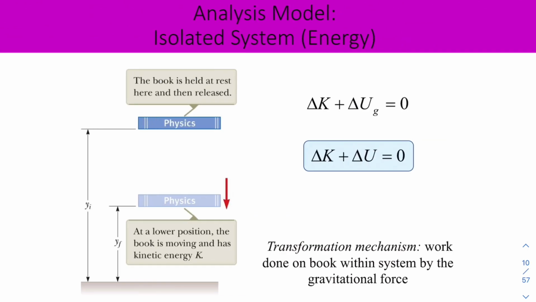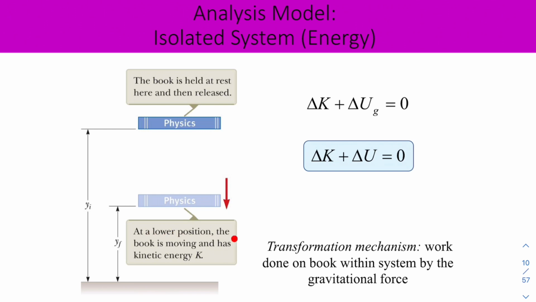Next one. Now, let's take a look at the isolated system in terms of energy. This is a common diagram that you've seen in a previous topic, right? Talking about change in position related to change in potential energy due to gravity. The book is held at rest here and then released.